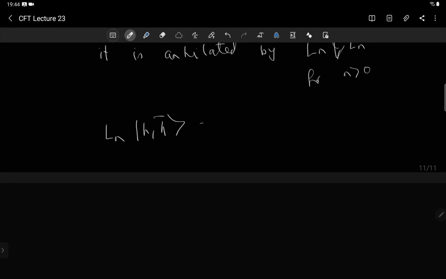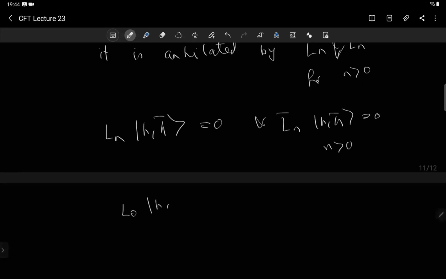That Ln is 0 and L bar n is 0 on HH bar for n greater than 0. And L0 acting on HH bar is equal to H times HH bar, and L0 bar acting on HH bar is equal to H bar times HH bar.